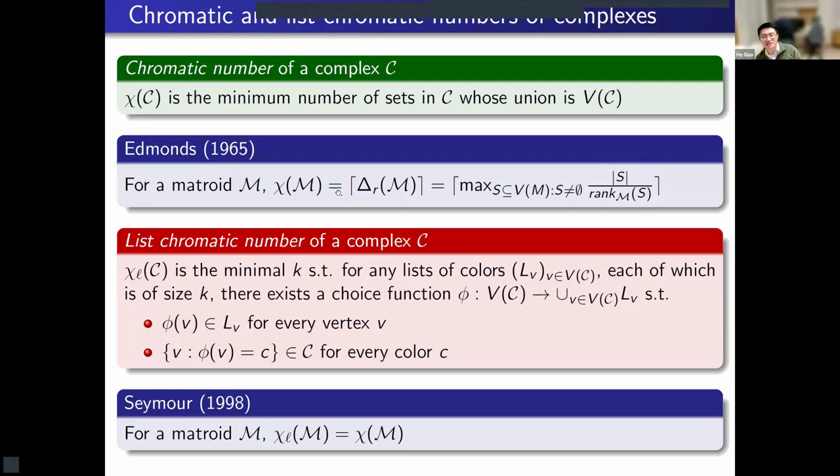Therefore, this maximum, delta rank of M, is a trivial lower bound of the chromatic number of M. But Edmonds shows that actually equality holds.